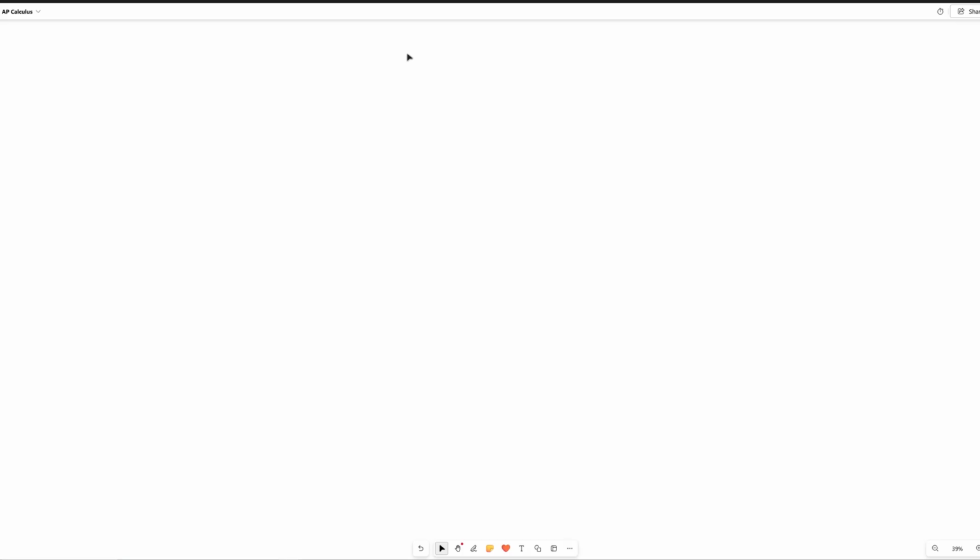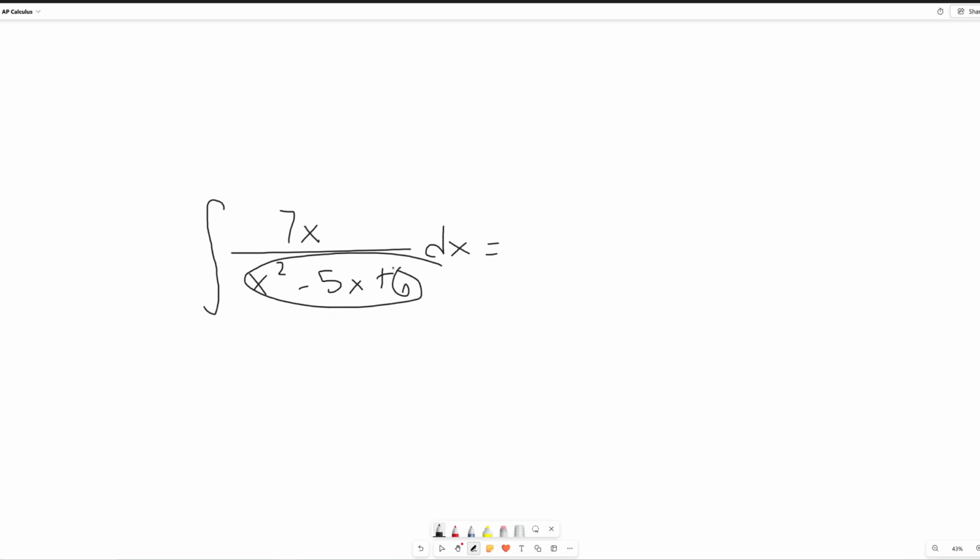Now, we're going to do some partial fractions. So, if you have the integral of 7x over x squared minus 5x plus 6. This is the friendly values method, which is, first, we can factor this bottom.